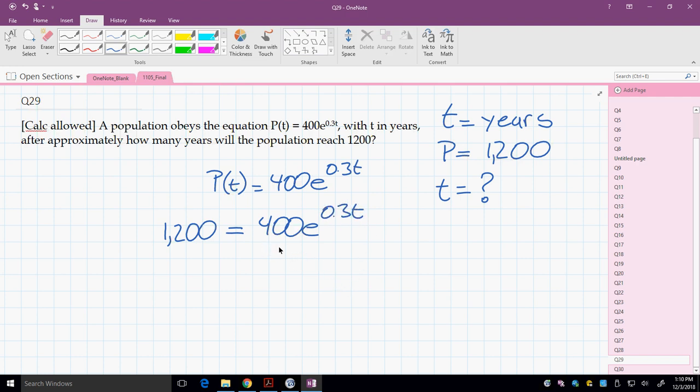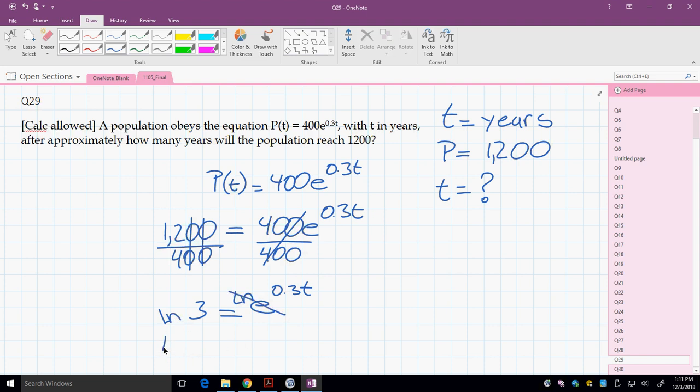In order to solve, first I need to isolate e. So I'm going to divide by 400 both sides of the equal sign. Every 0 can cancel with every 0, so 12 divided by 4 is going to give me 3. Now I have e raised to the 0.3t. To cancel e, I use ln, natural log.